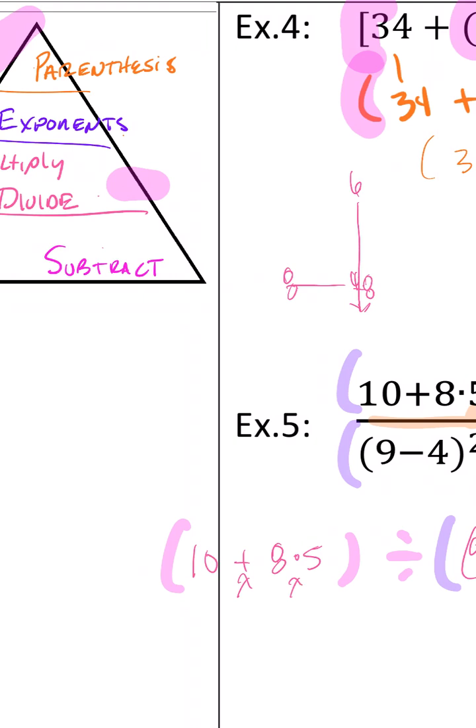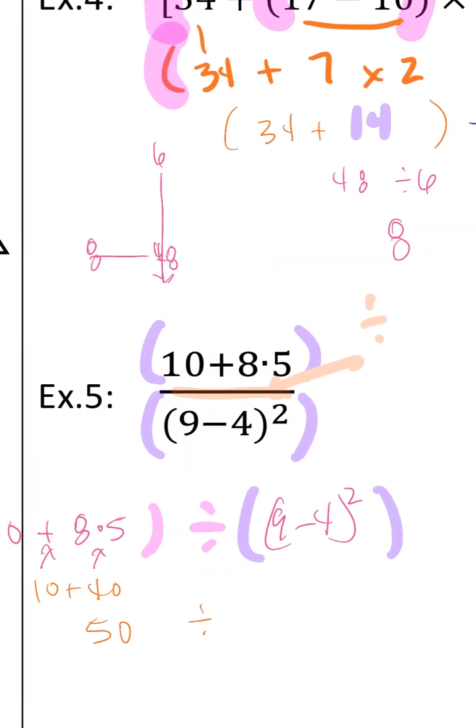So I take care of multiply first. 8 times 5 is 40 plus 10, that's 50. Okay, now I'm dividing this by whatever this comes out to be. 9 minus 4 is 5, quantity squared. 5 squared means 5 times 5, which is 25. So this is 50 divided by 25, which is 2.